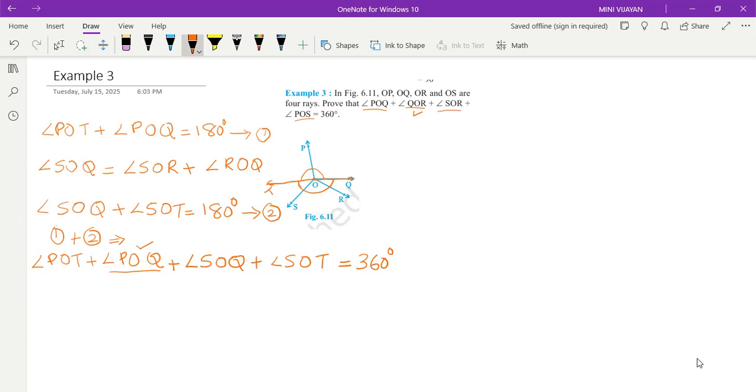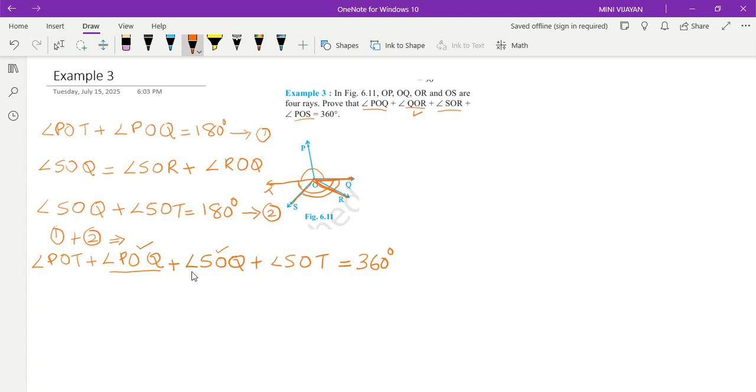QOR is not marked. And angle SOR is also not marked here, but we can see that angle SOR is this angle and angle QOR is this angle. When you combine those two, we get another angle. What is that? That is angle SOQ.